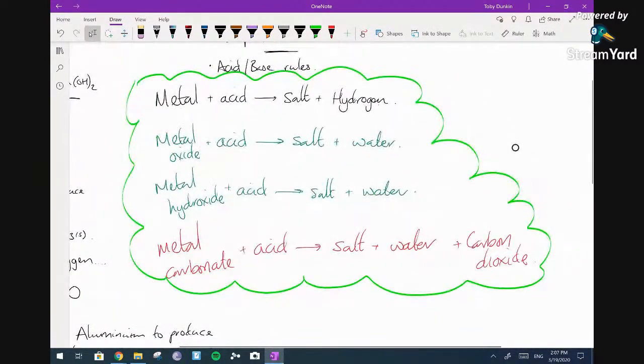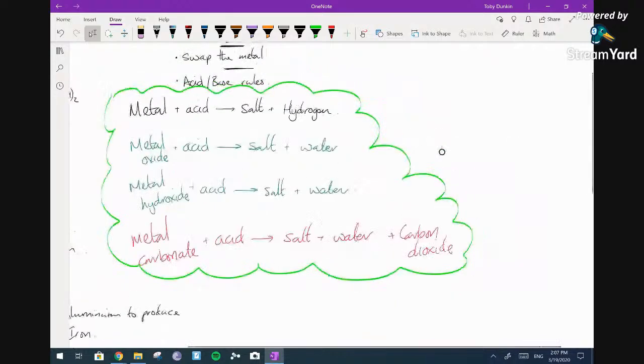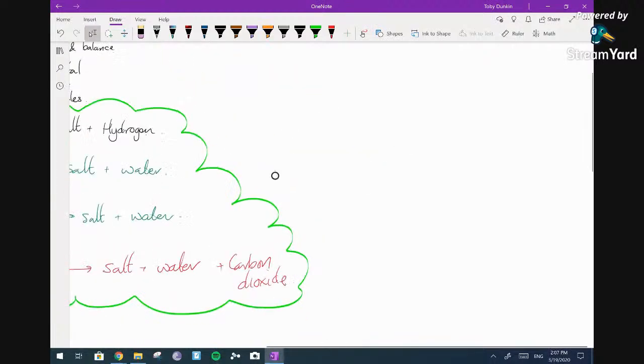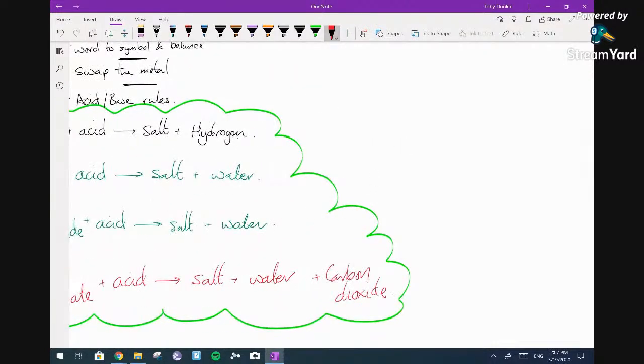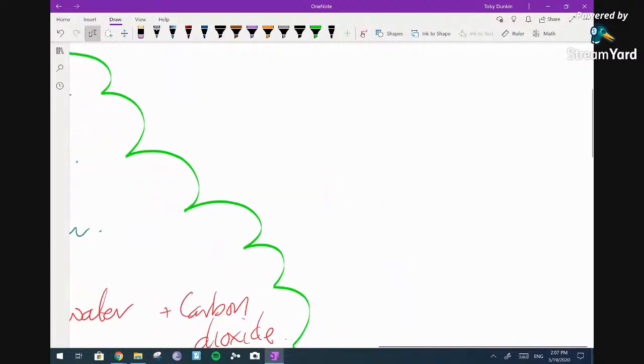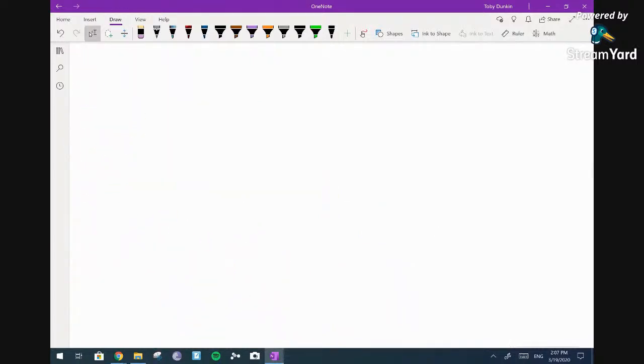So let's now apply these rules. There is another set of rules we need to put in place before we do that. The next set of rules are what the salt is. So how do we know what the salt is? So you can do salt rules. And yes, I know it seems like an awful lot of rules, folks.